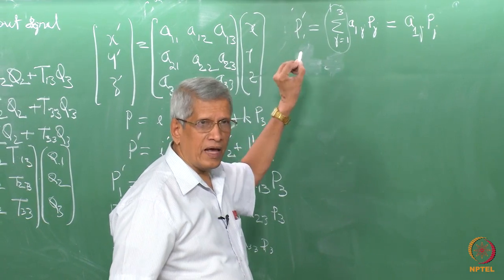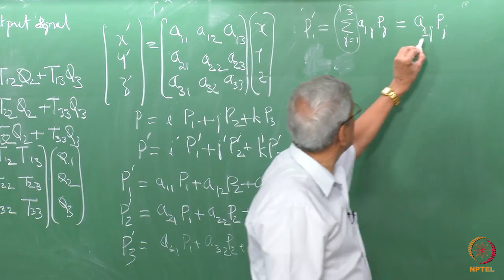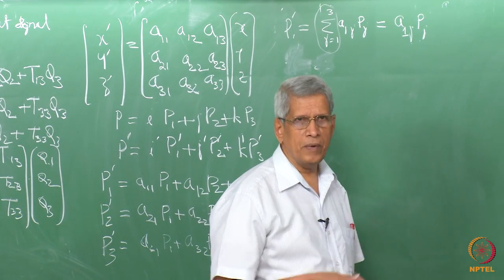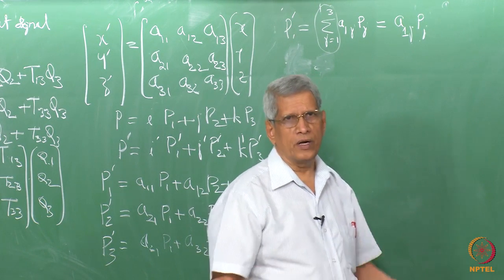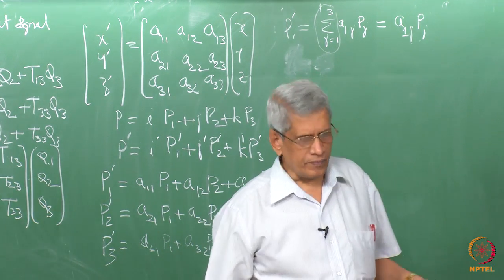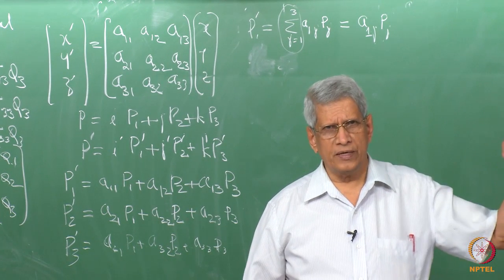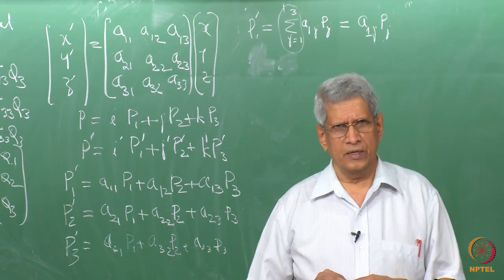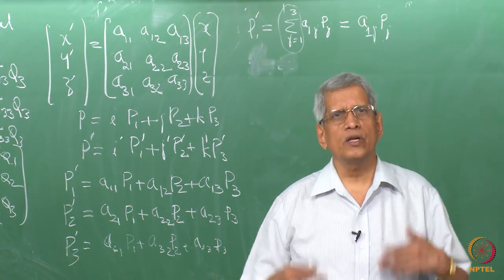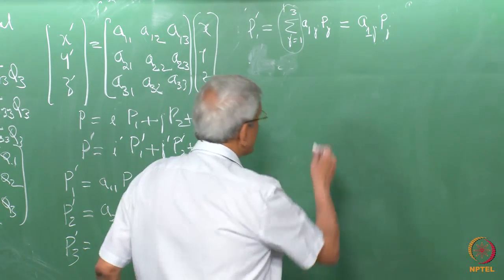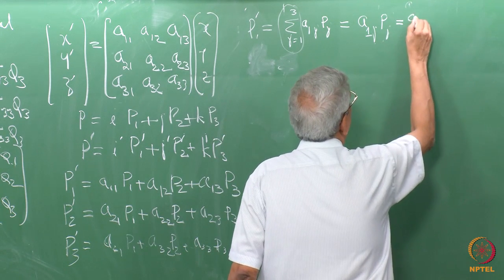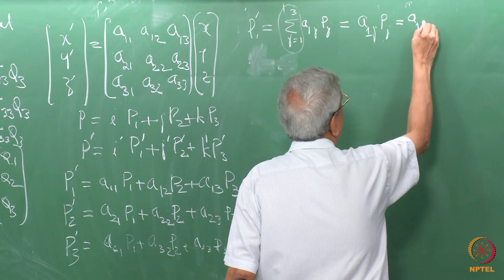Then, this summation symbol is nothing but something which shows that an index is getting repeated. So there is no need to use any particular symbol. This itself can be written as, instead of j, I can write A1k Pk as well.